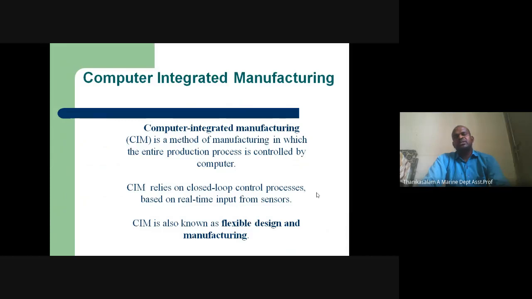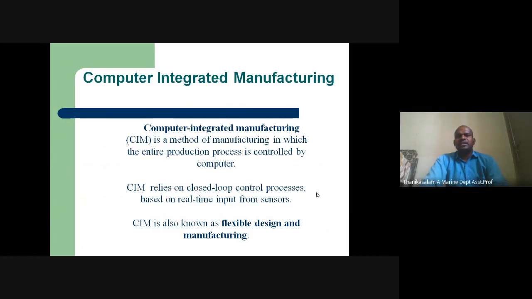We can define CIM in many ways. Computer integrated manufacturing is a method of manufacturing in which the entire production process is controlled by computer. The total manufacturing in the company is controlled by computer. That is called computer integrated manufacturing.